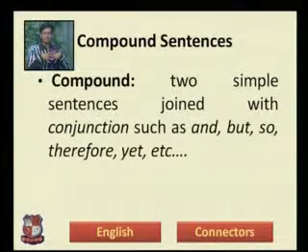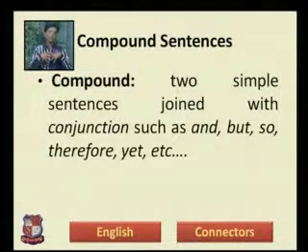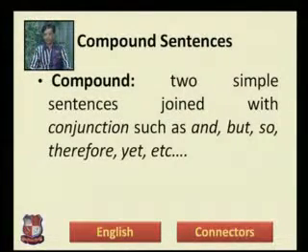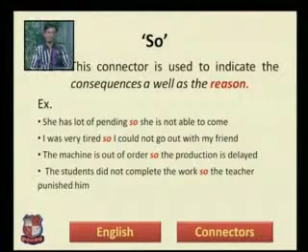Next connector is so, that is our topic today. So and therefore, these are two connectors which show us the reason and the result. We will see in the next slide, and there are several other connectors also like yet and many others. Now let us move on with the next slide.